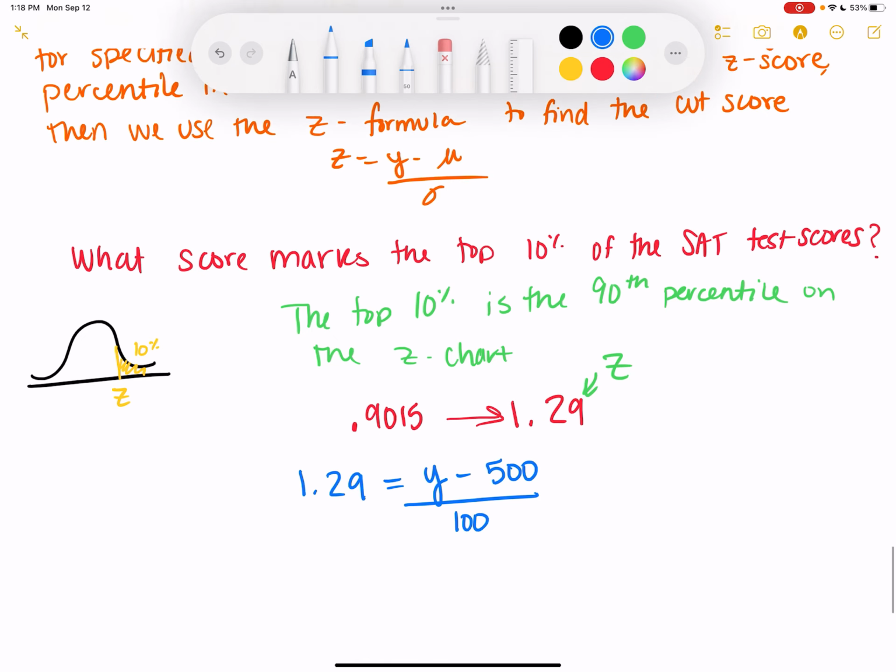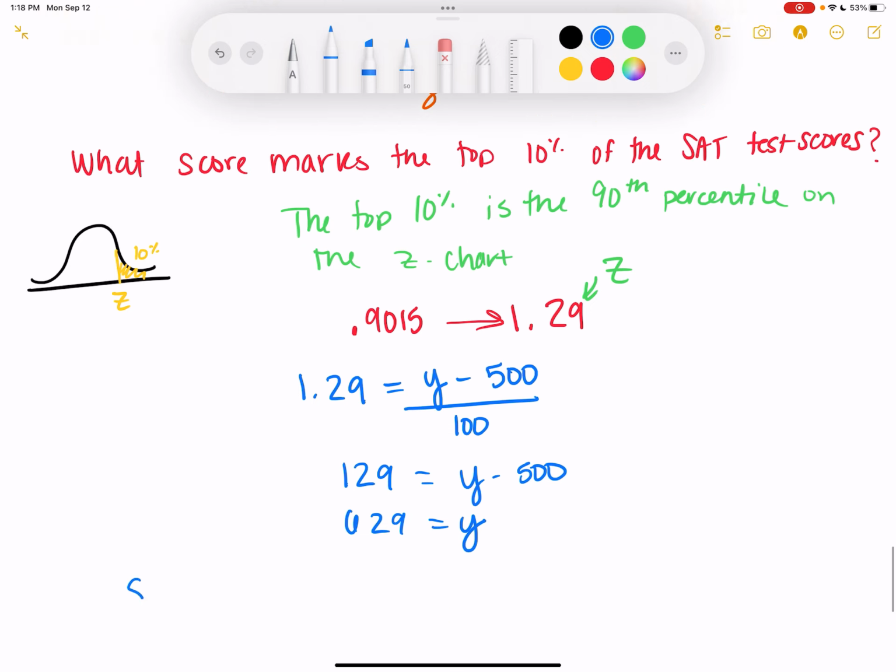So that's going to be 129 is equal to y minus 500. So if we add that, we're going to get 629 equals y. And so then the conclusion is that scores in the top 10% are 629 or higher.